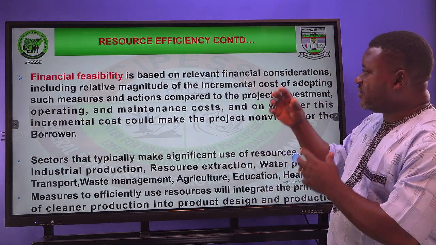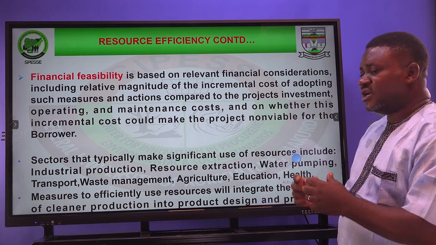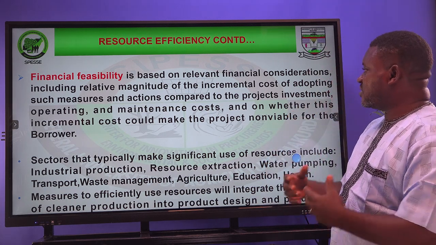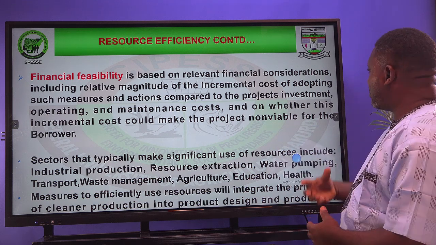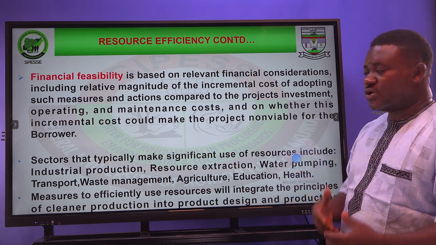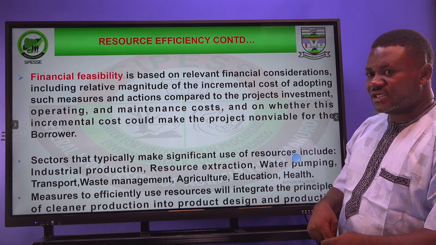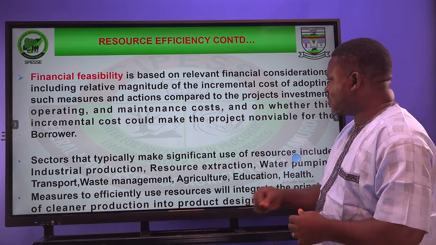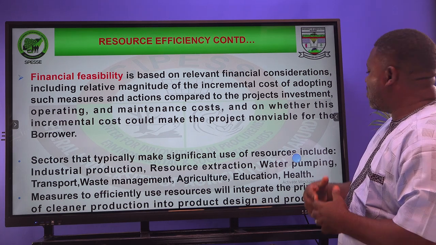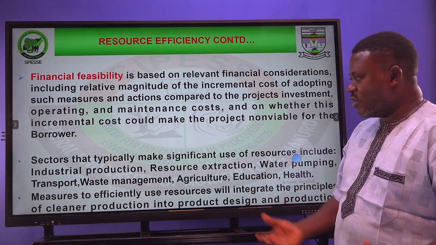Then when you're talking about financial feasibility, it is based on relevant financial considerations, including relative magnitude of the incremental cost of adopting such measures and actions compared to the project investment, operating and maintenance cost, and on whether this incremental cost could make the project non-viable for the borrower.